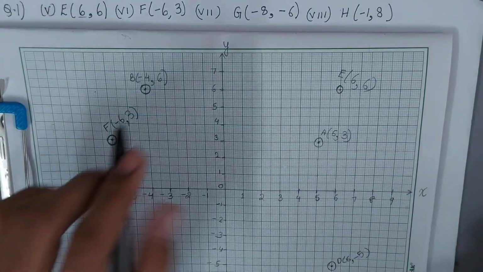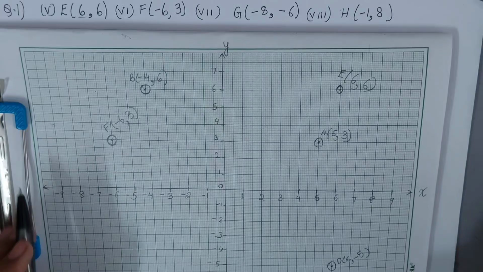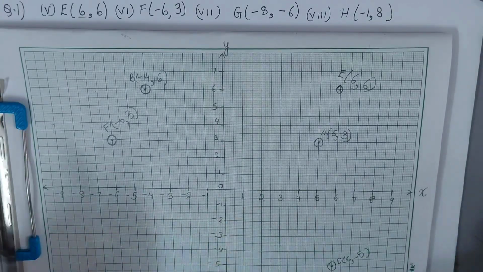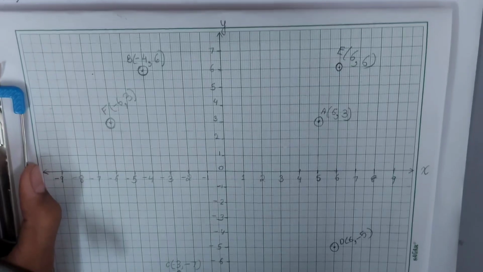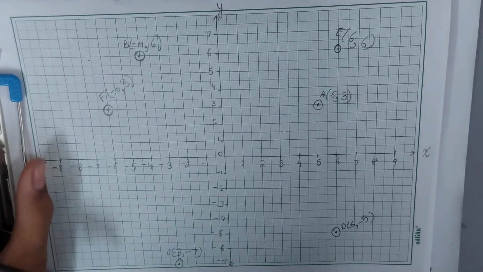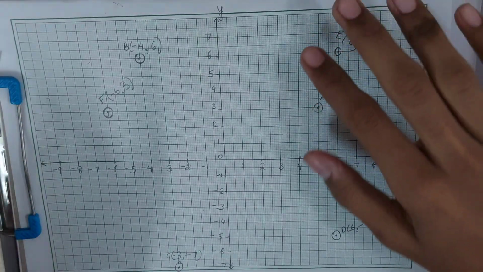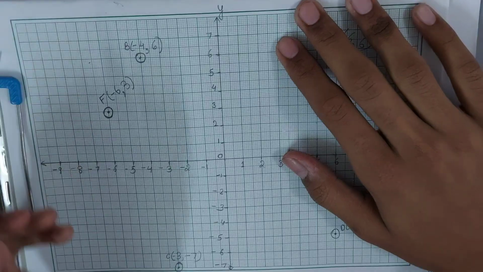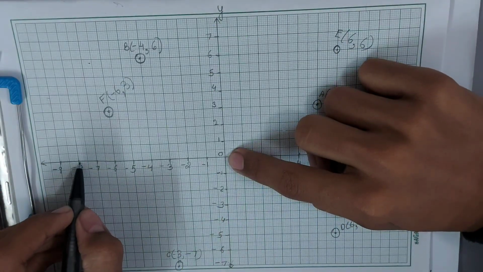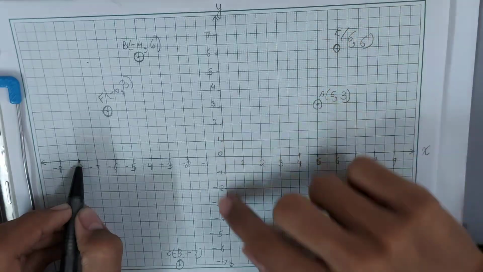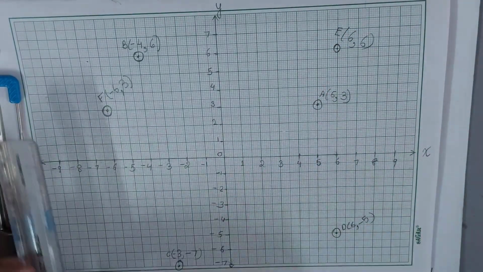I hope it's visible. Then G, you have minus 8 minus 6. Very simple. Try to look here, I'll make it easier. Try to see it this way. I hope the graph is coming. So we have to mark G, that is minus 8 minus 6. Minus 8 will come over here again on the x-axis. Minus 6, you can see if I place my scale once again.